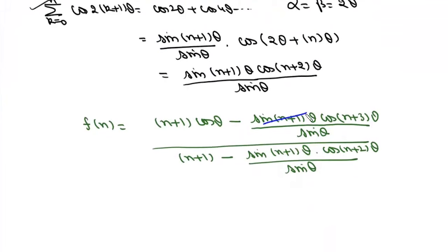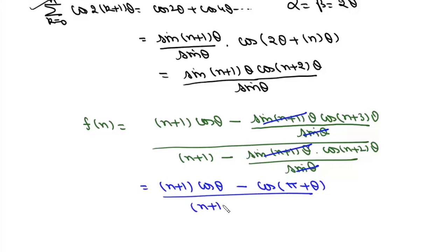So sin((n+1)theta) and sin theta will cancel, and here we'll get (n+1) cos theta minus cos of (n+3)theta, which is pi plus theta, and in the denominator (n+1) minus cos pi.